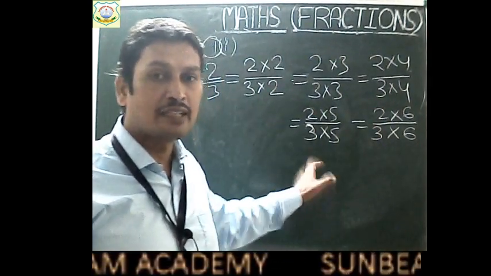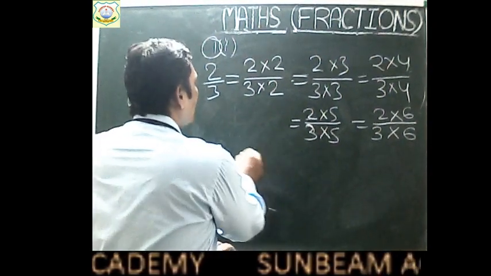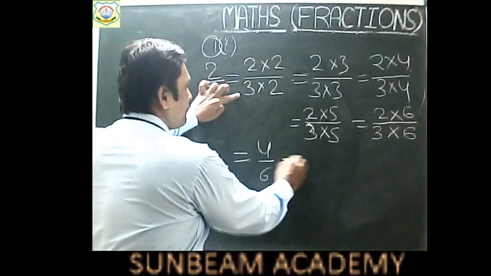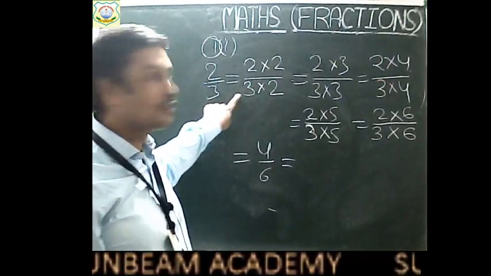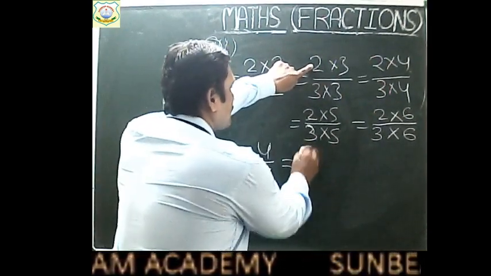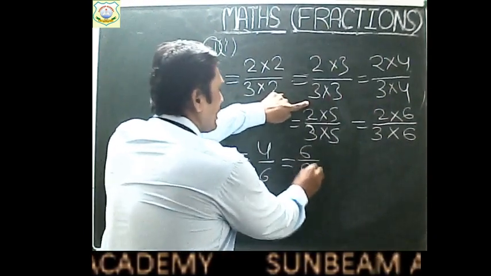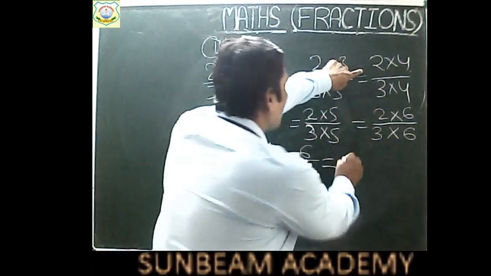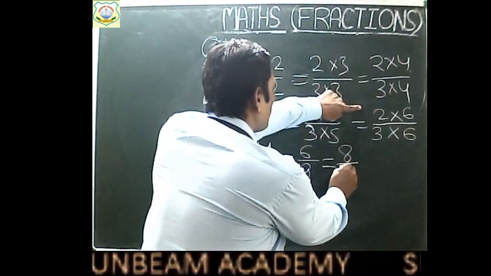Now you multiply and get the answer. So how can we solve? 2 into 2 is 4 upon 3 into 2 is 6. First fraction, right? The second fraction is 2 threes are 6 upon 3 threes are 9, right? The third fraction will be 2 fours are 8 upon 3 fours are 12.